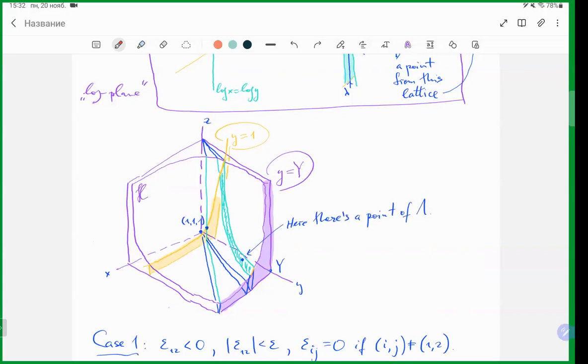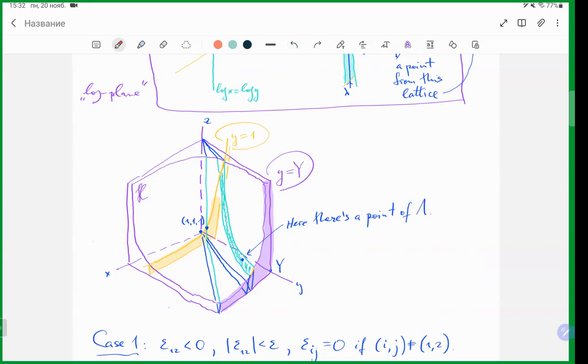So if we fix our Y capital, then this shape becomes fixed, because this is the surface H, X, Y, Z equal to 1.